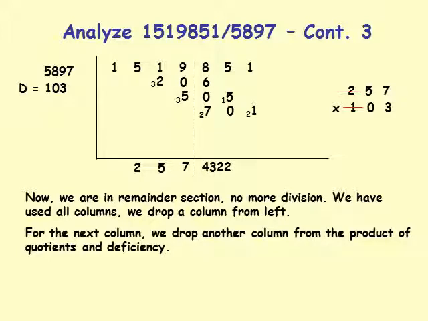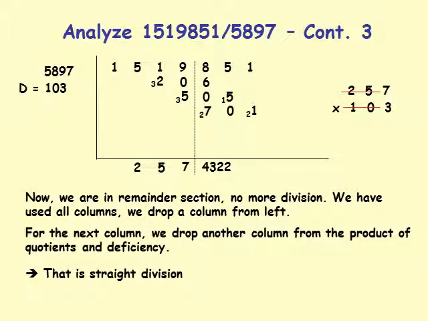For the next column, we drop another column from the product of quotients and deficiencies. So when we are in this column here, look back, this column has no quotient, this column has no quotient, and this is the one that has some quotient. So we would apply 7, the rightmost digit of the quotient, with the rightmost digit of the deficiency.